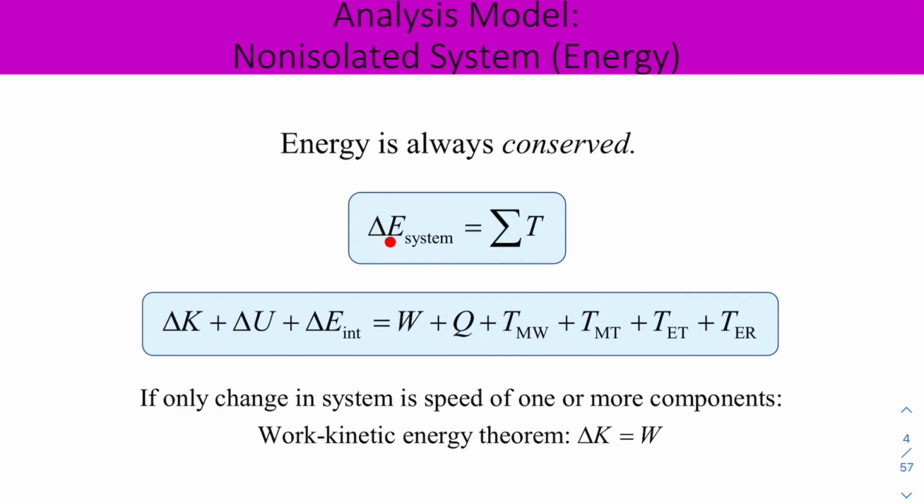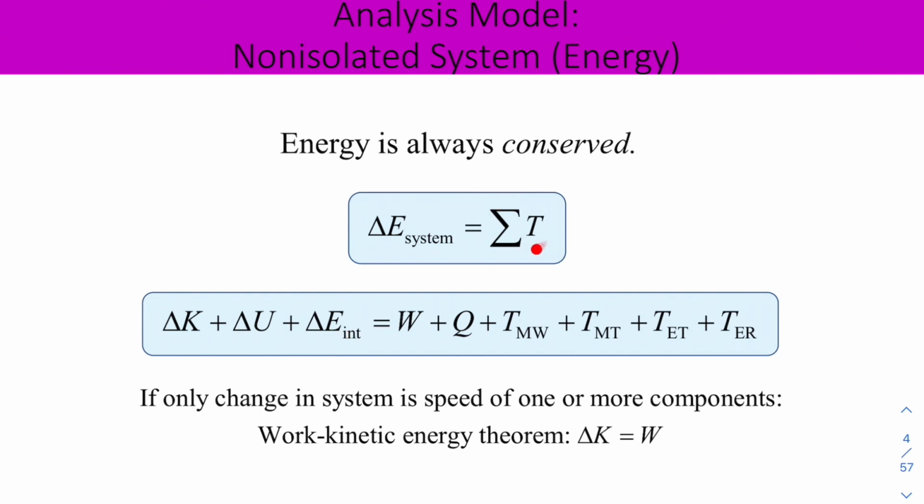So the change in energy of a system must be equivalent to the sum of the transfer mechanisms that we discussed in the previous slide just now. What kind of energy consists within a system? What kind of change of energy? We can have change in kinetic energy, change in potential energy, or change in internal energy of a system.